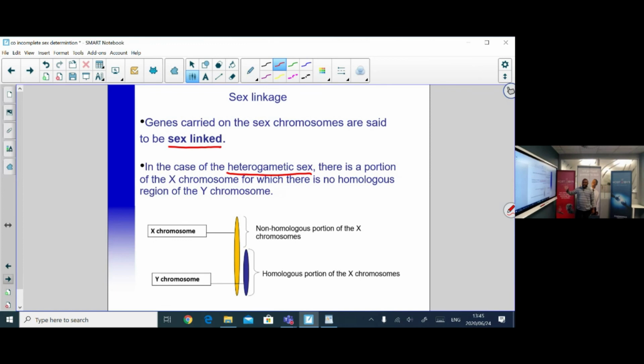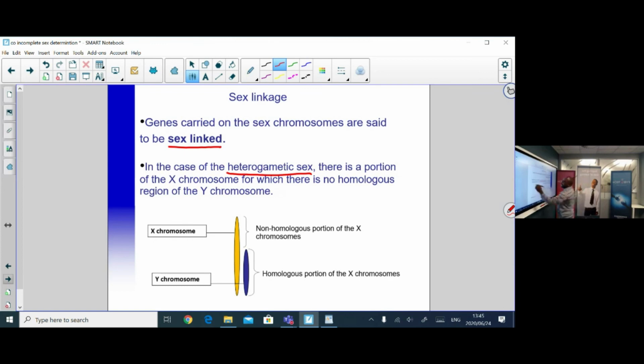Is there any new term here? There's no new term. But let me go slowly and explain what I mean. When you were doing meiosis, you mentioned the term homologous chromosomes line up at the central region of the cell, at the equator. Homologous. And what did you say homologous means? They are similar in shape and in size. That's what homologous means, from the term homo, same, similar in shape and in size.